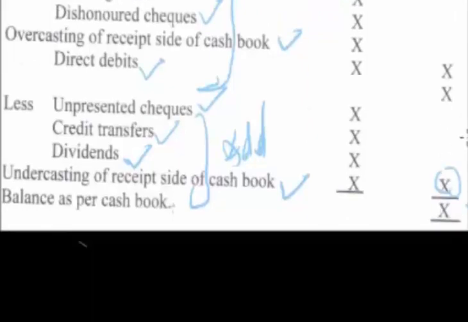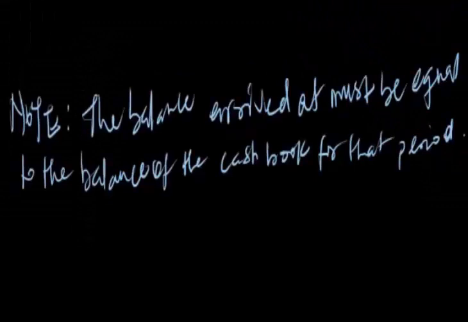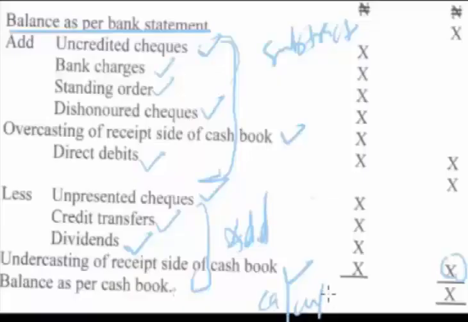Also, it's important to note here that at the end of your solving, the balance arrived at must be equal to the balance of the cash book for that period. If your cash book has a different figure from the balance as per cash book as calculated, then an error must have occurred.